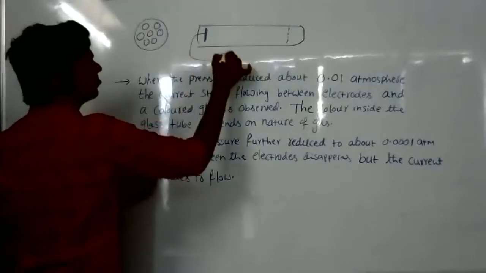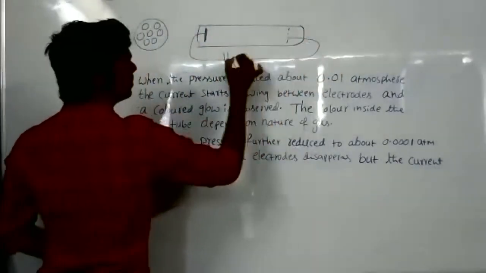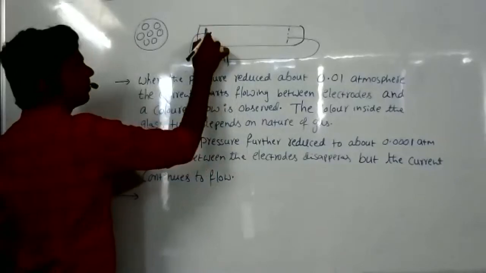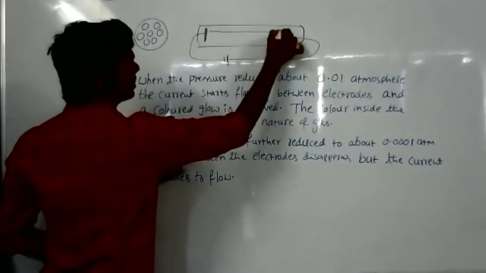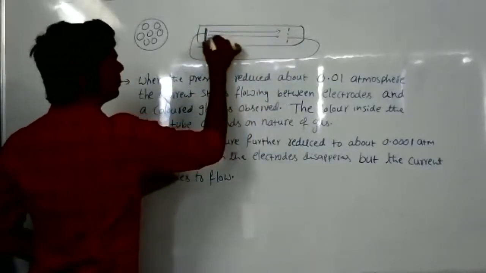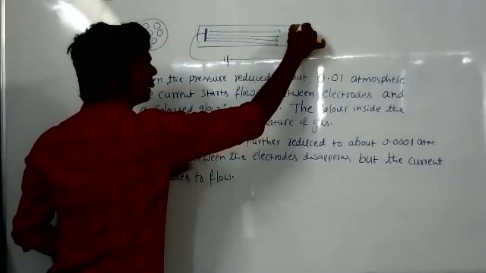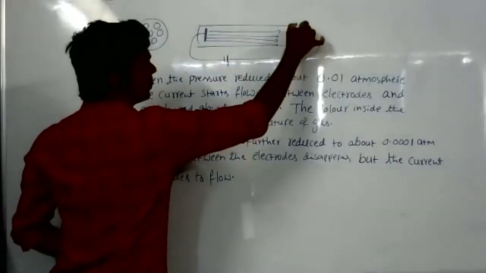Now we know some invisible rays are coming from the cathode, moving towards the anode. And here we have coated some fluorescent material like ZnS.